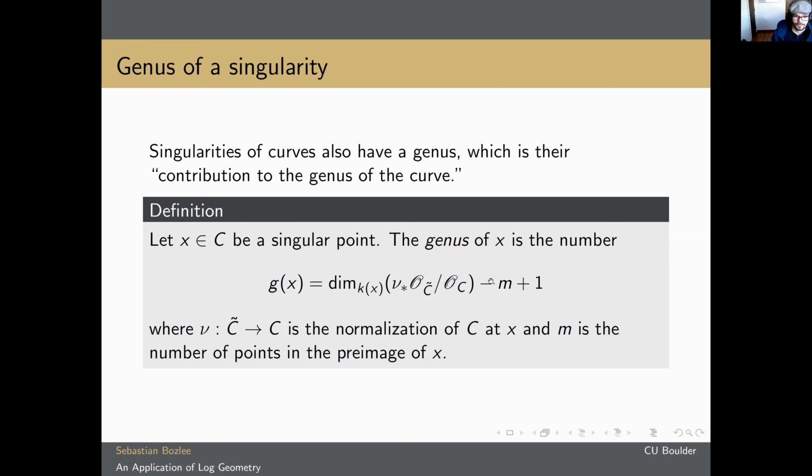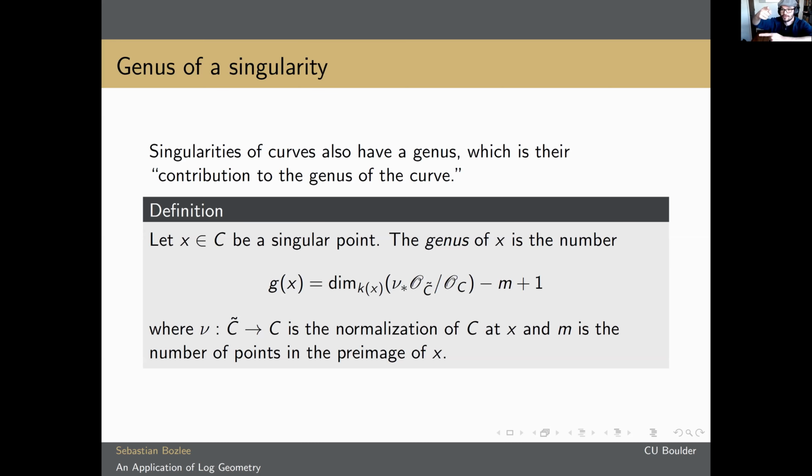What this dimension is measuring is a count of the number of functions that we have in the normalization that we don't have in the curve. Then there are m-1 conditions that you expect to put on that. So say, for example, we have our node separating into 2 branches.